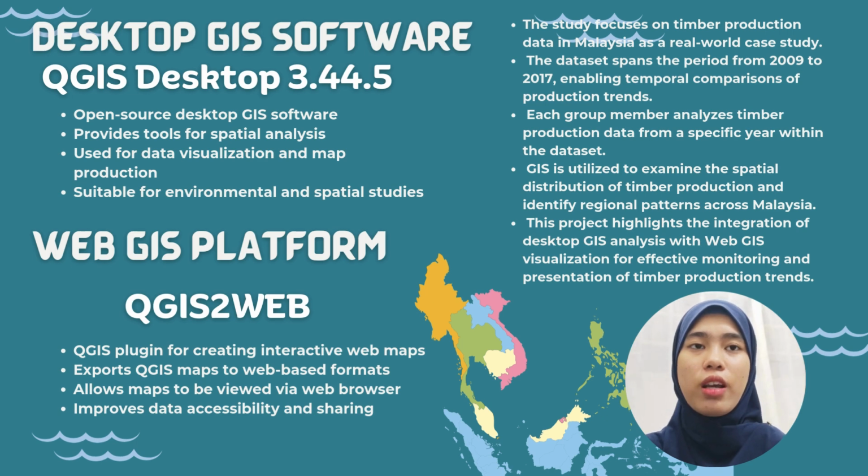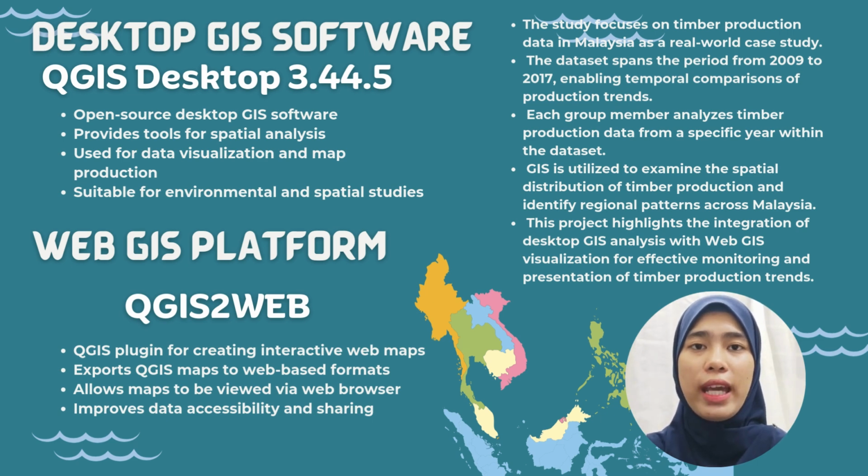This open source software provides tools for spatial analysis, data visualization, and map production. It is highly suitable for environmental and spatial study, including timber production. Second, web GIS, QGIS2web.